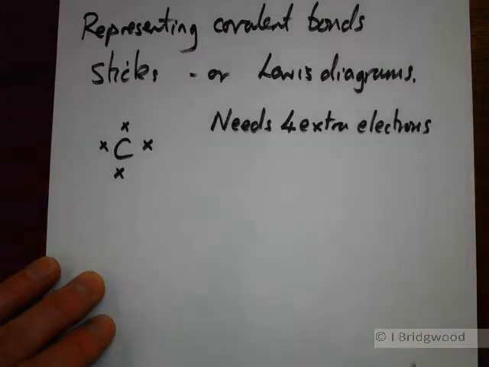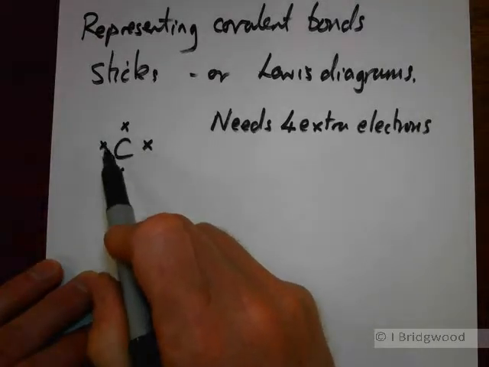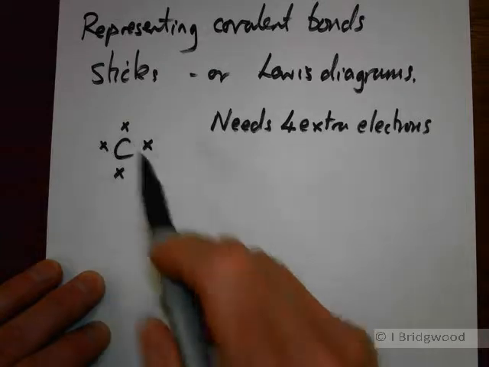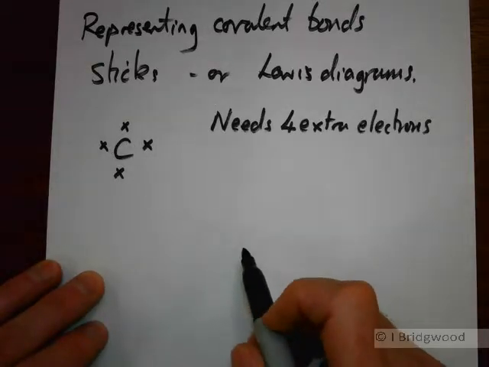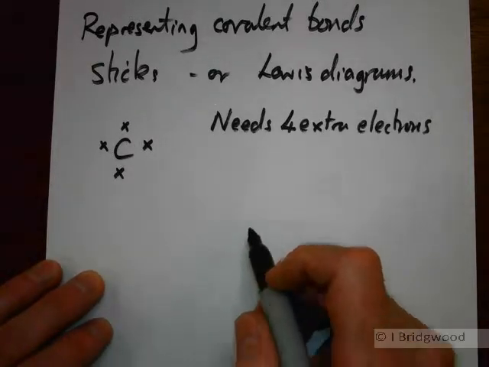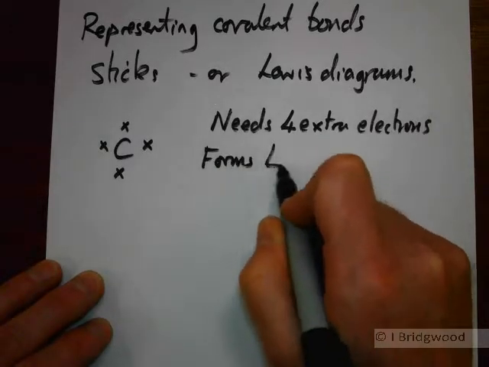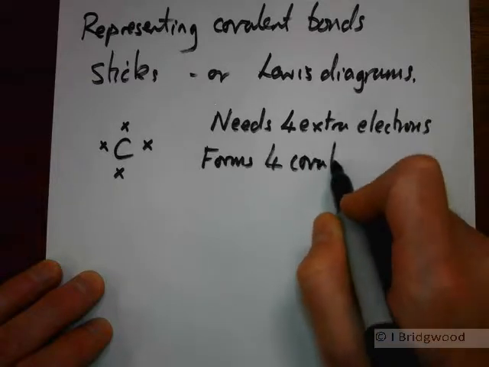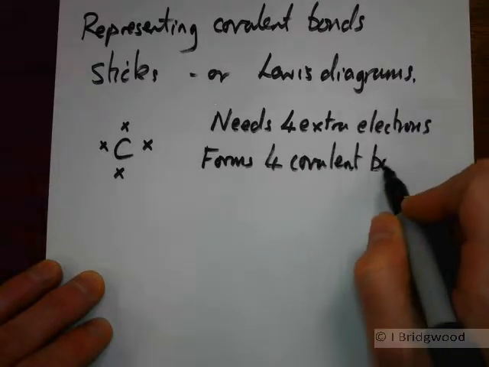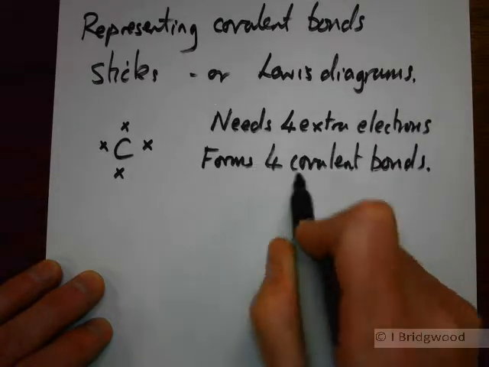And it can get those 4 extra electrons by forming 4 covalent bonds. It will share each of those electrons with another, forming 1 covalent bond each. So there we're going to need 4 covalent bonds.